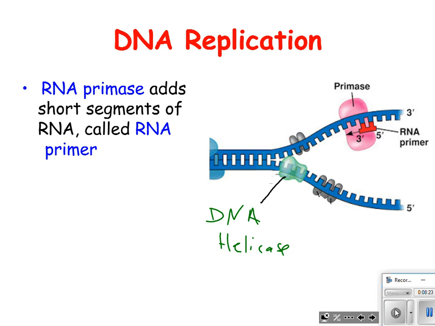Something else too, you have an arrow pointing right here, don't you? You know what that is? That is what we call the replication fork, where the DNA strand is split apart. That is what we call the replication fork.